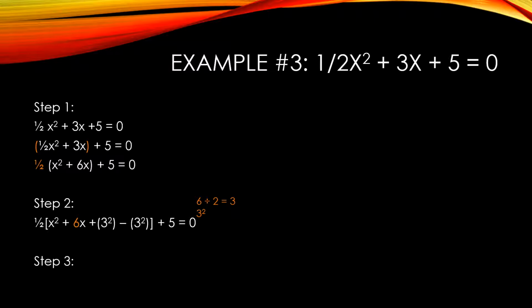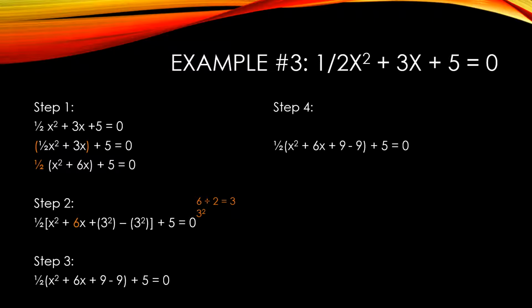Step number 3, evaluate for our exponent, in this case 3 squared. Our new equation will read 1/2 bracket x squared plus 6x plus 9 minus 9, close bracket, plus 5 equals 0. Step number 4, again we're going to get rid of that negativity. So we're removing -9, and on its way out, we're going to multiply it by 1/2 since that's the coefficient of our bracket.